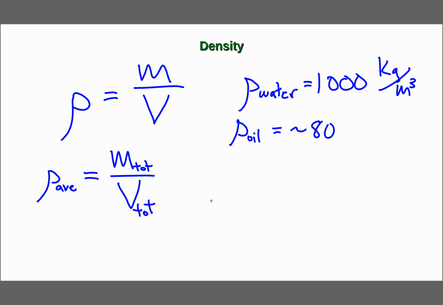It's usually around 800 kilograms per meter cubed. In both of these cases, this density is uniform. This density is for all pure water. This density is for some given kind of oil, and all of that oil is going to have this same density.